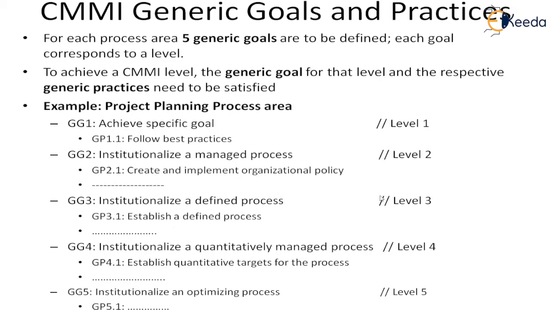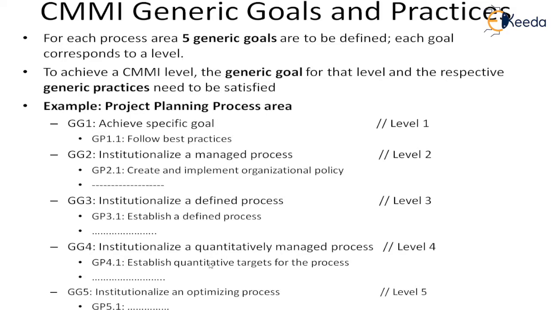For level 3, we can say institutionalize a defined process, because it has to be defined. So we establish defined processes in the organization. That can be an actionable item for satisfying the generic goal. Then in GG4, we can say institutionalize a quantitatively managed process, so we have to establish quantitative targets for the process.